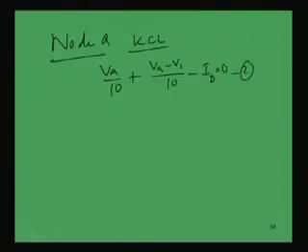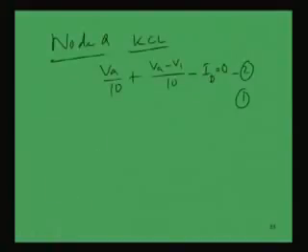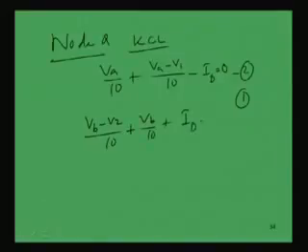Now we have to solve number 1 and number 2. Equation 1 was VB minus V2 by 10 plus VB by 10 plus ID equal to 0. I can sum them up and eliminate the term ID.